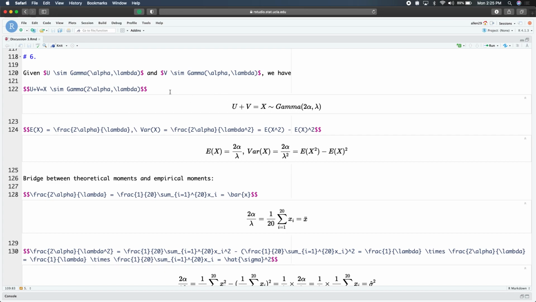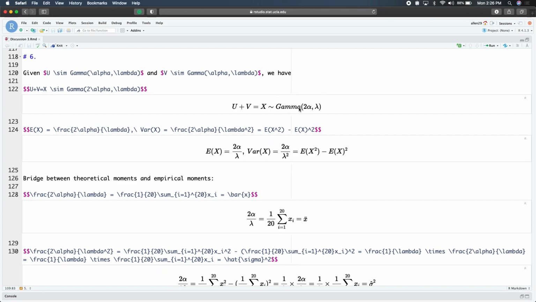The sum of them, X, for one device, as we showed in homework 1, follows a gamma with 2 alpha and lambda. This is the distribution that will be matched to our observed data, which is the sum of the two components, and we now work with this newly constructed distribution.